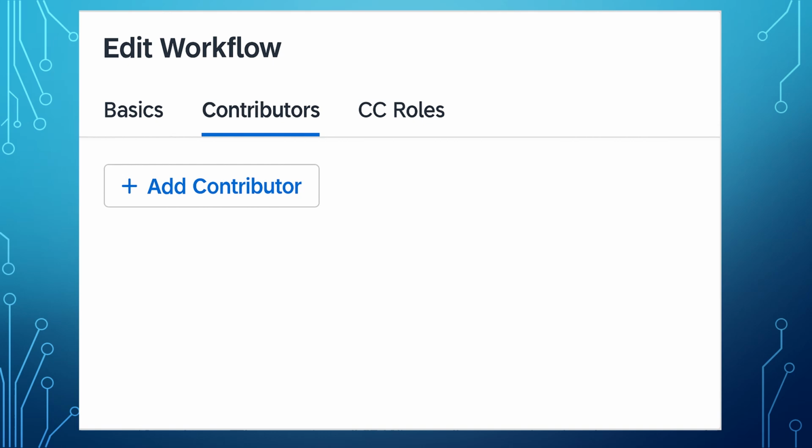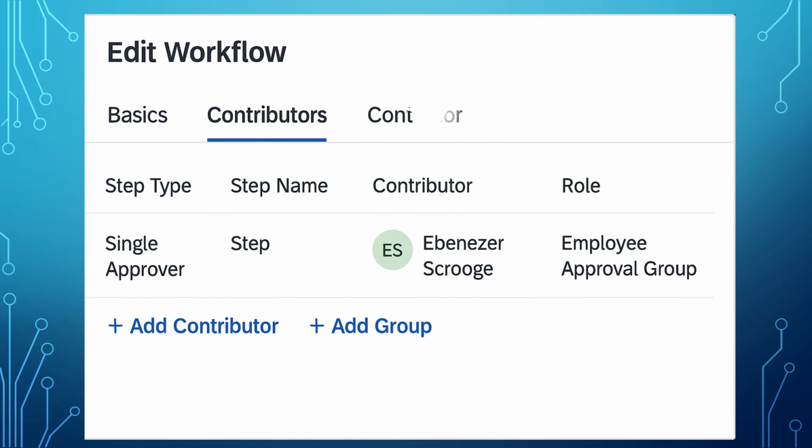CC roles generally do not have the permissions to approve or reject any workflow. Only contributors will have the access to. As you can see in this screenshot, we have one approver who is added here in the contributor and the role.